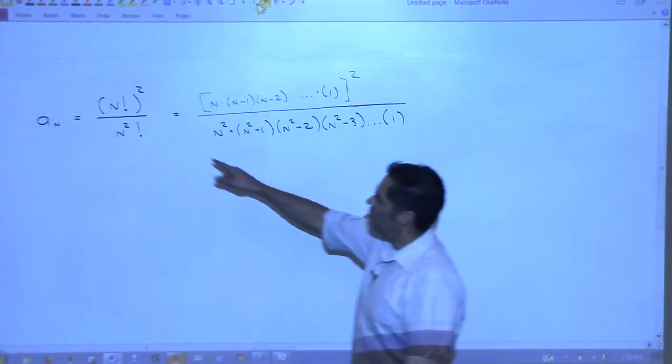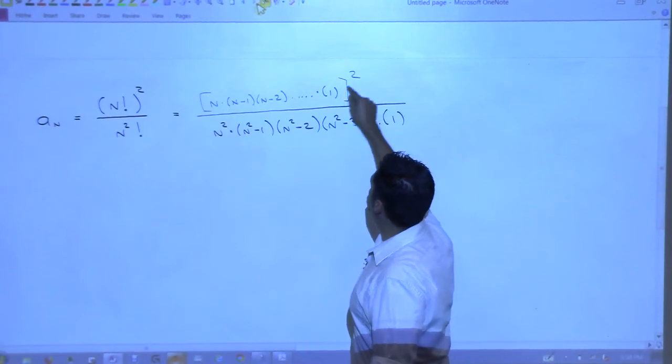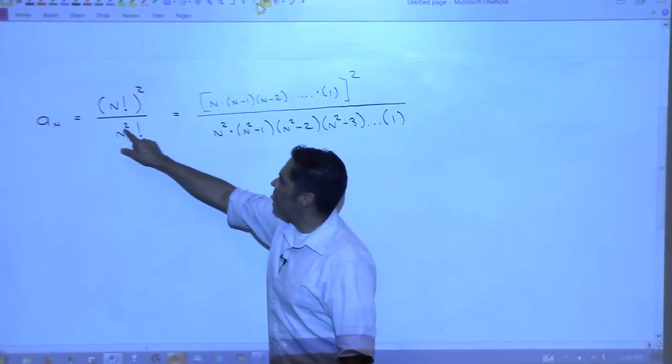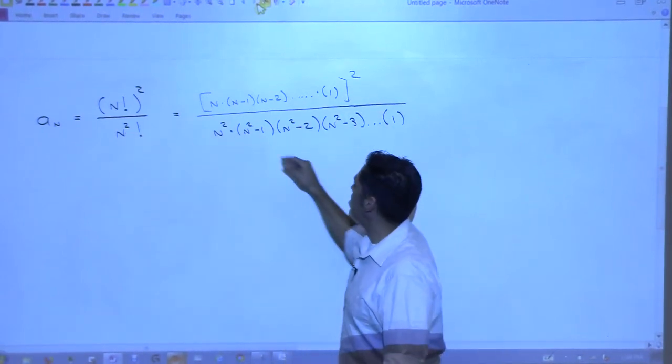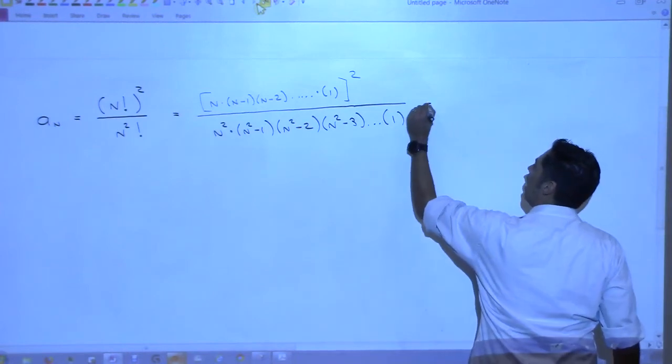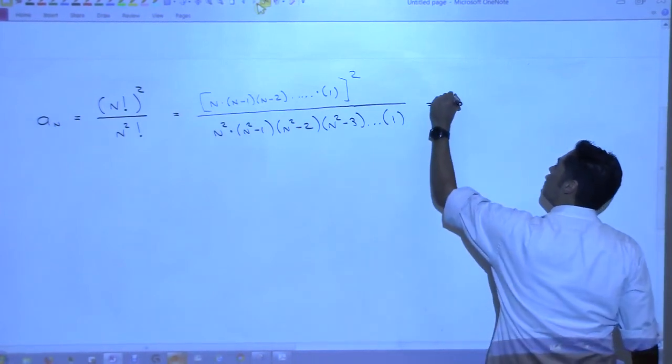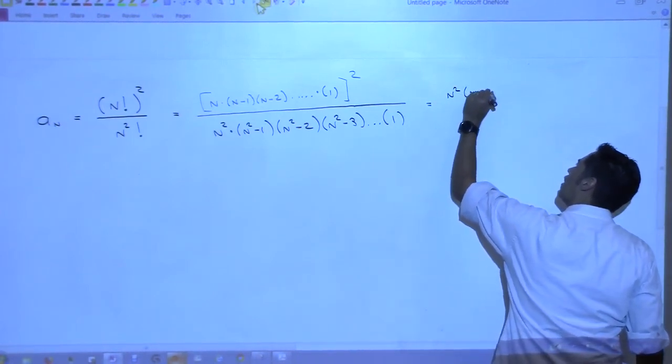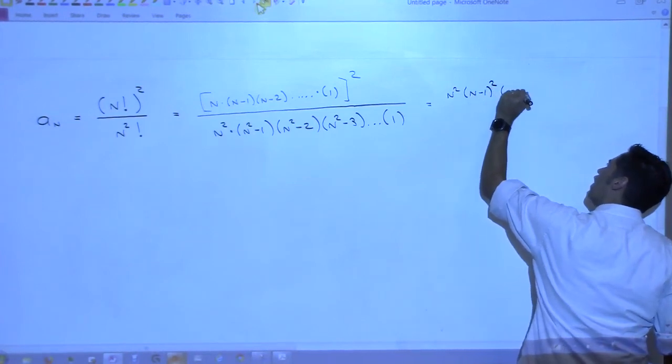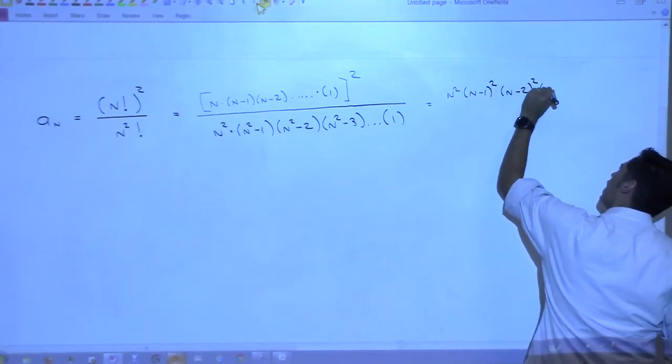Here you're taking the factorial of n and then squaring it. Here you're squaring the n and then taking the factorial of that. Now I can do something up top. On the top, can I do n squared, n minus 1 squared, n minus 2 squared? Am I allowed to do that?